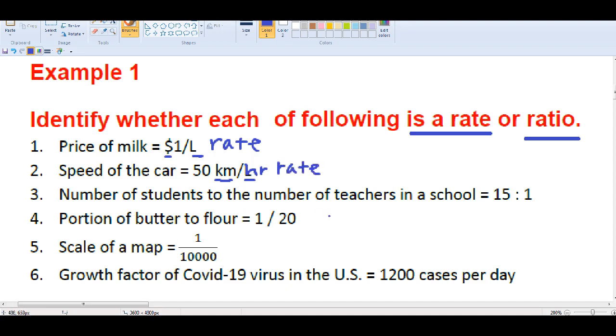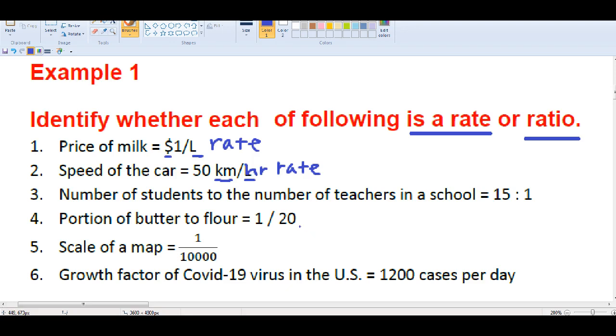Number of students to number of teachers in a school. Of course we know that in a school the number of students will normally be much greater than the number of teachers, but that's what we call the students to teachers ratio. In this school there are 15 to 1, so that means for each teacher there are 15 students, so the ratio is 15 to 1.